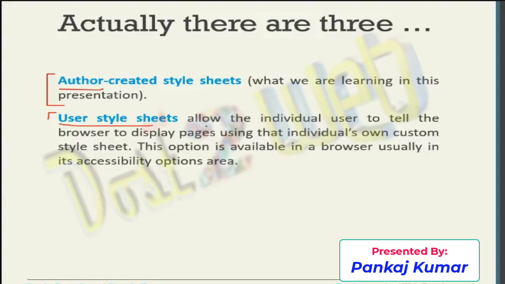So the user style sheet allows individual users to tell the browser to display the page using their own custom style sheet. That will be only for the user. And generally this option is available by default in any browser.